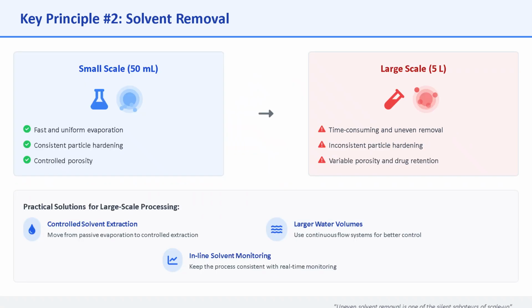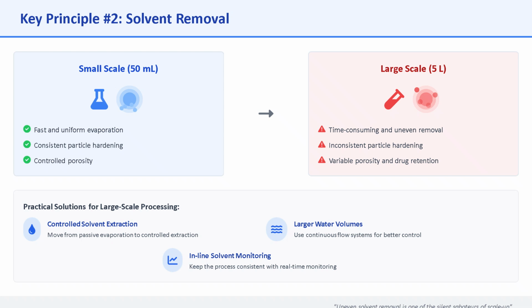Mixing and shear are silent saboteurs during scale-up. In lab-scale systems, small impellers and uniform shear produce predictable droplets. But in large vessels, shear becomes uneven, calm at the surface and highly turbulent at the bottom. And here's the key insight.